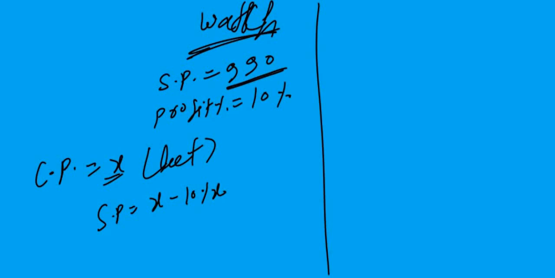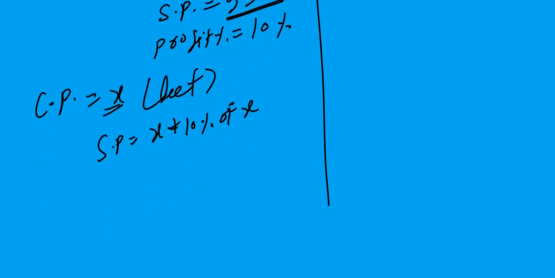So selling price is equal to, it will not be negative, it will be positive, because profit percent is always positive. So we have to write selling price is equal to X plus 10% of X. Don't write X minus 10% of X. It will be cost price plus 10% of cost price.